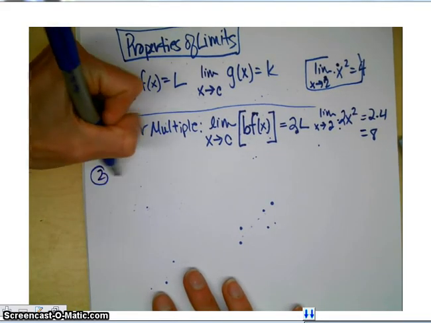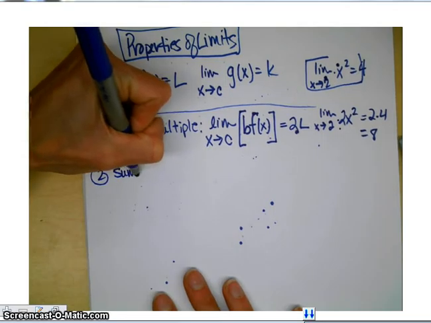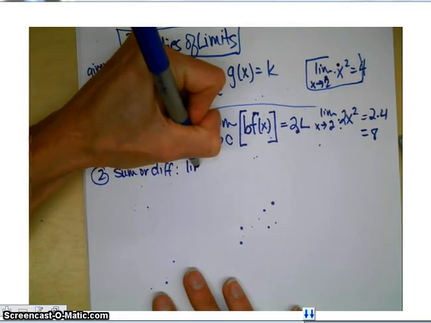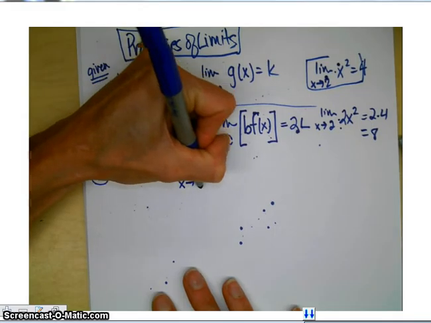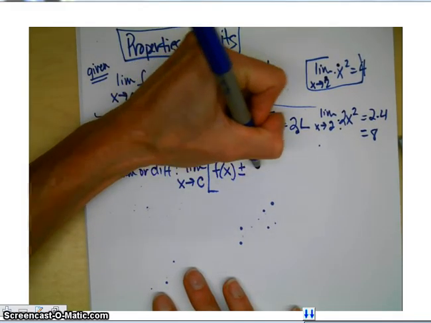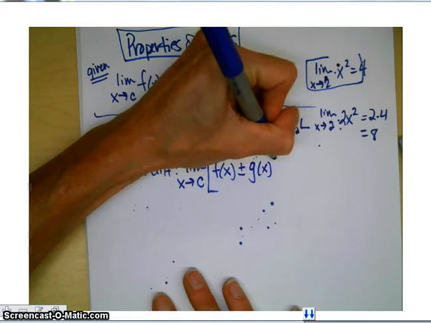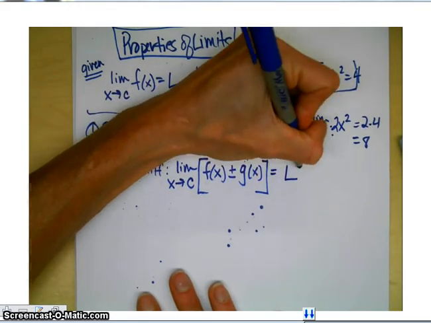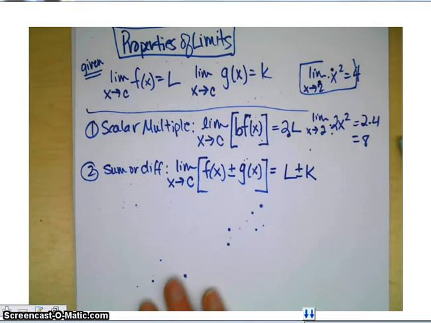Okay, the next property is called the sum or difference property. And this says that the limit as x goes to c of the sum or difference of two functions is the same as the sum or difference of their two limits, if you were to work the problems out separately.